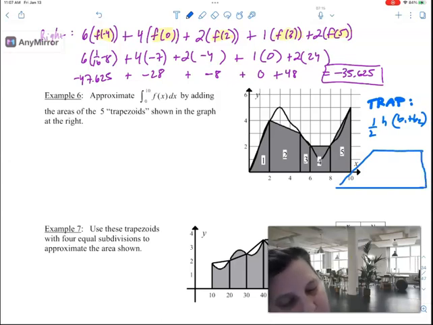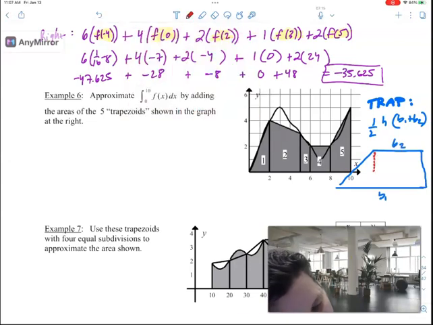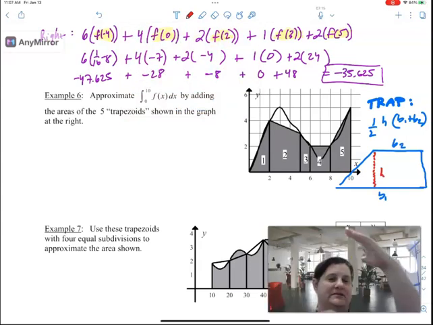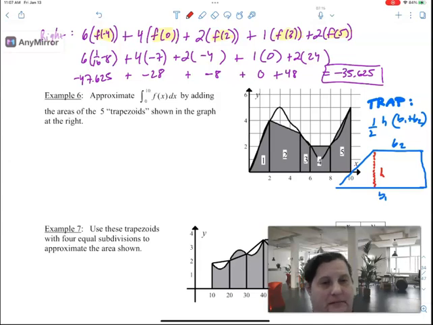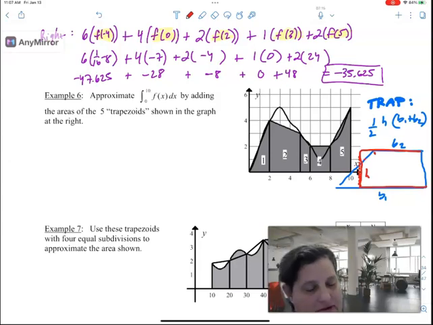Make this one a little bit like that, right? And this is like base 1, base 2, and the height of the trapezoid was like this, okay? And so it's basically like we're averaging the bases and making this height here, because what you're really doing is you're taking this and you're like, oh gosh, let's see if I can explain this. You're kind of like averaging so that and that go away and it makes a rectangle, you know? So it's 1/2 the sum of the bases and the height.